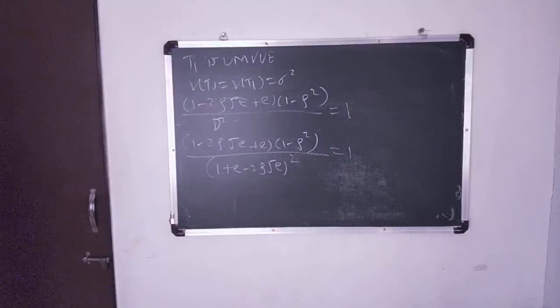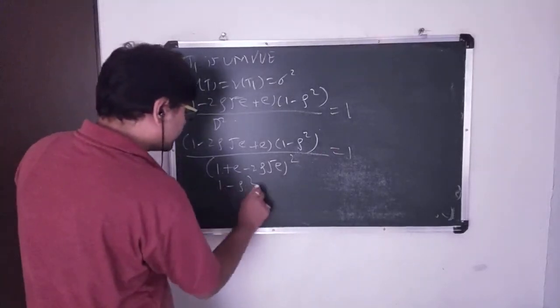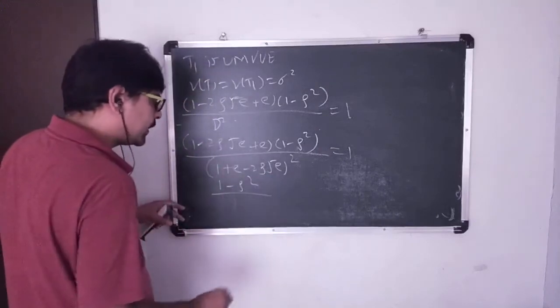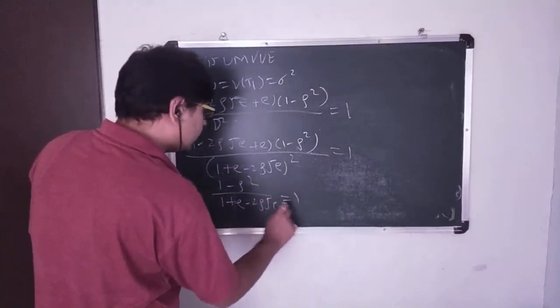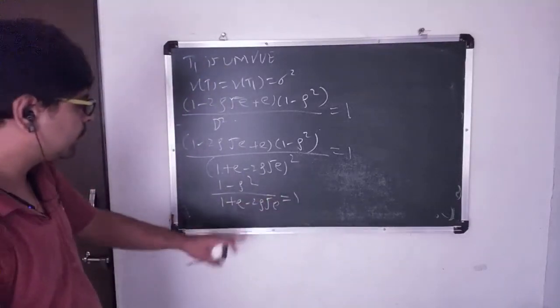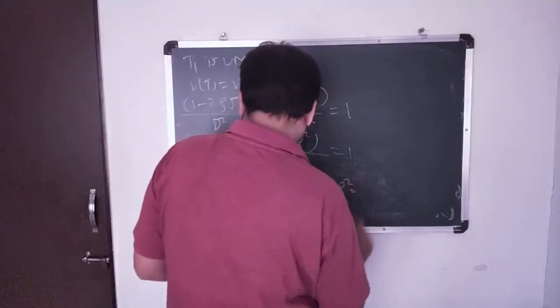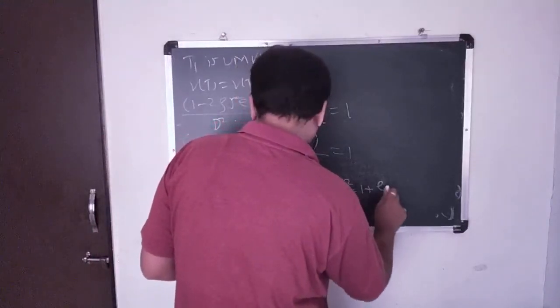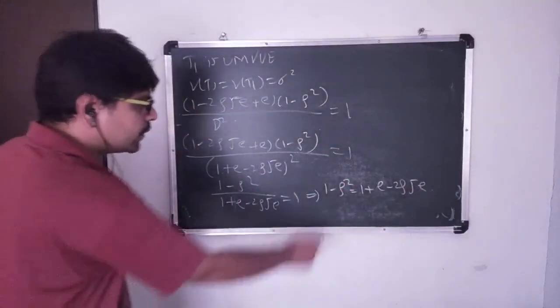So what we have? 1 minus rho square divided by 1 bracket gets cancelled. So 1 plus e minus 2 rho root e is equal to 1. So we will take it on another side and multiply this. So it implies 1 minus rho square is equal to 1 plus e minus 2 rho root e. So 1 gets cancelled.